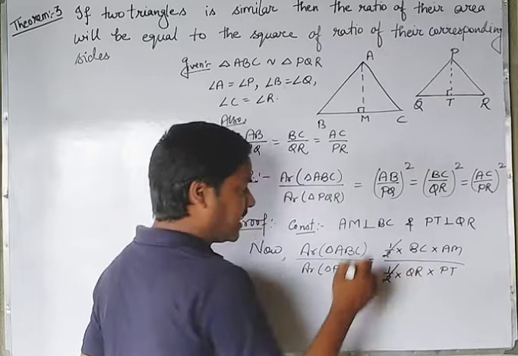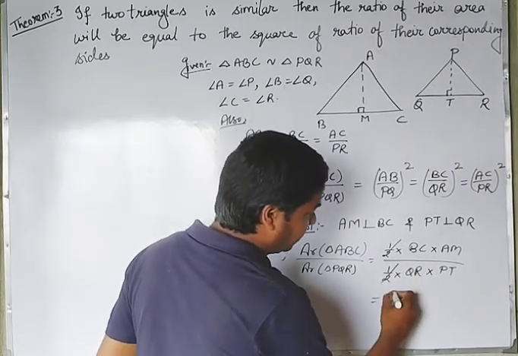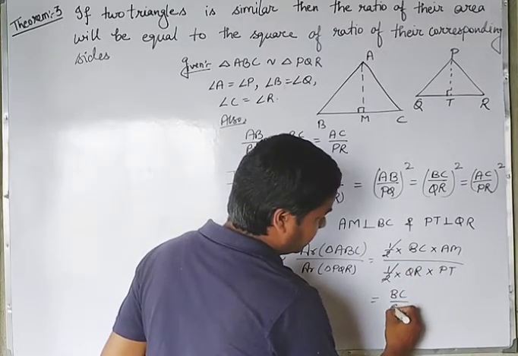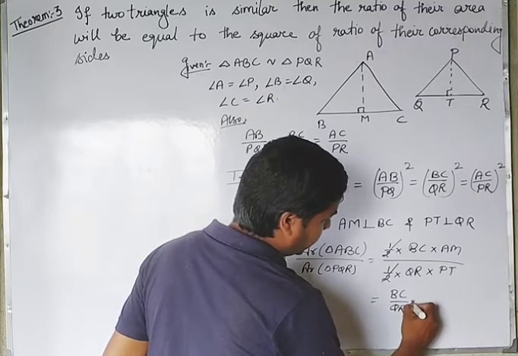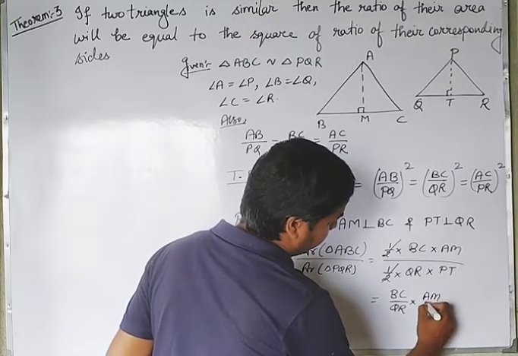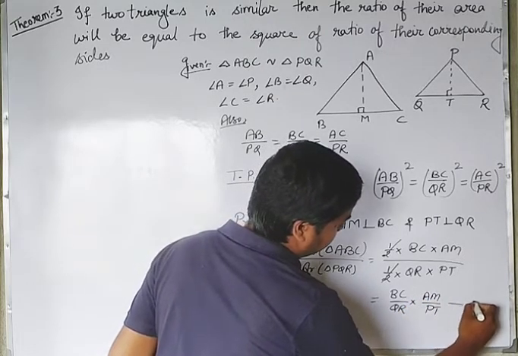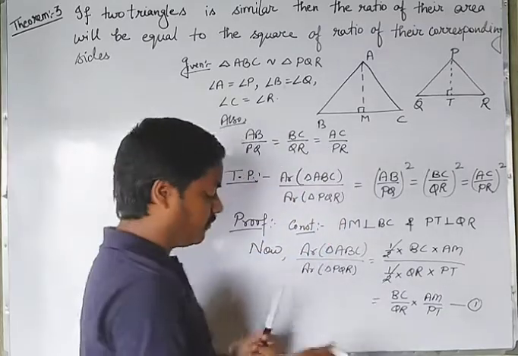Half and half I will cancel out. Then we have BC by QR into AM by PT. Let it be equation 1.